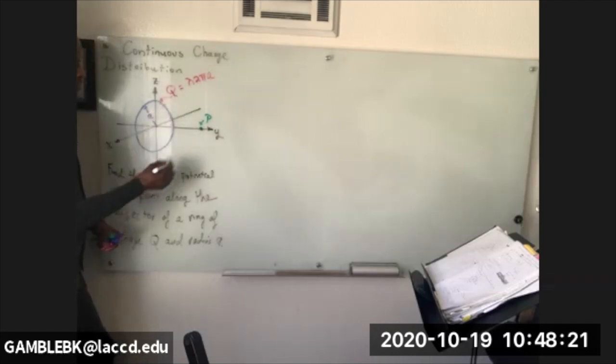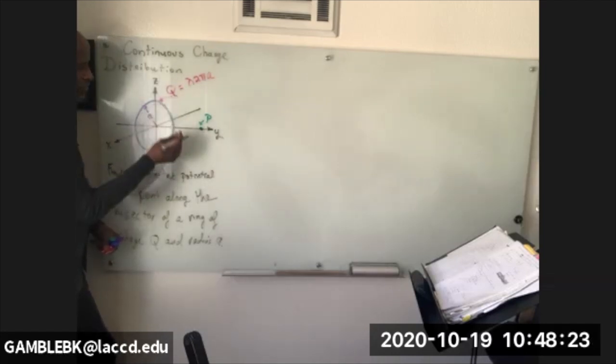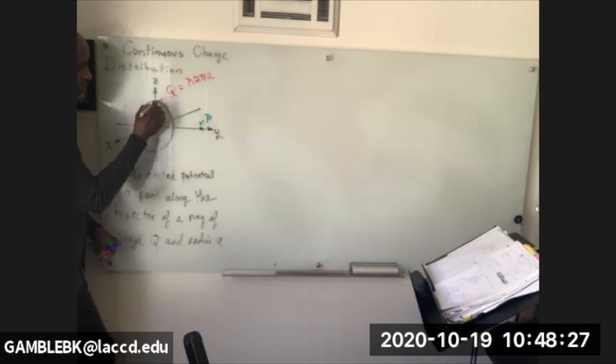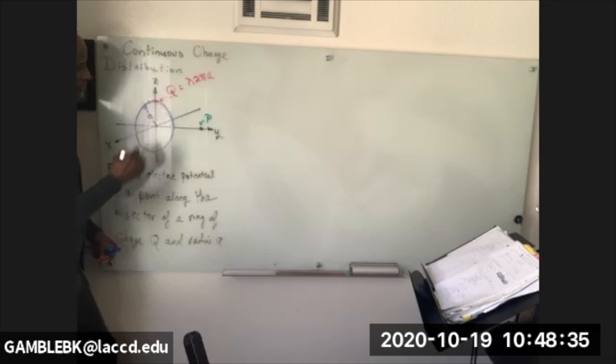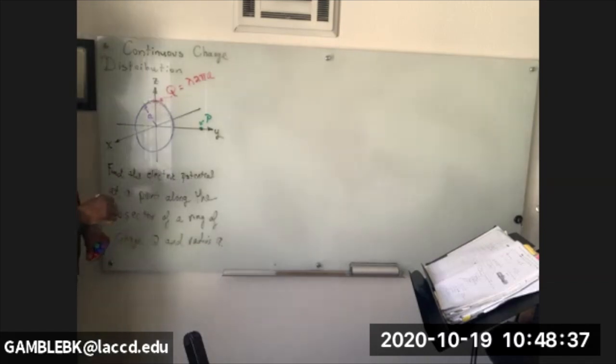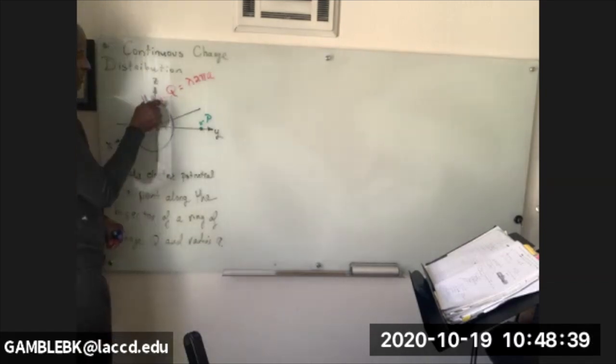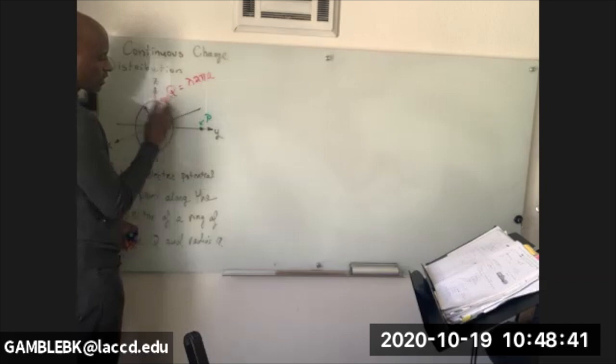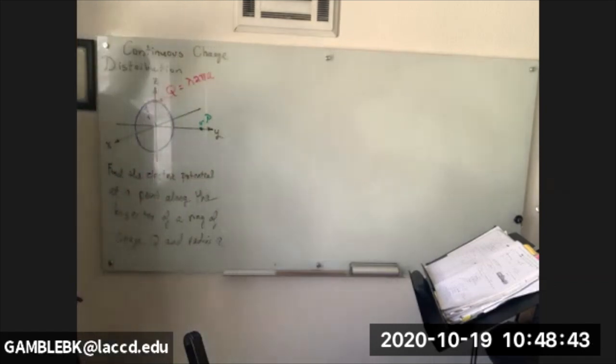And you want to think about the contribution of one of those at this point. So let's say we do the ones right up here at the top. So say there's one little element right there, and I'm going to color it in just to emphasize it. You know how we would do it, we would figure out what is the potential due to that element at this point using symmetry and geometry and that sort of thing.